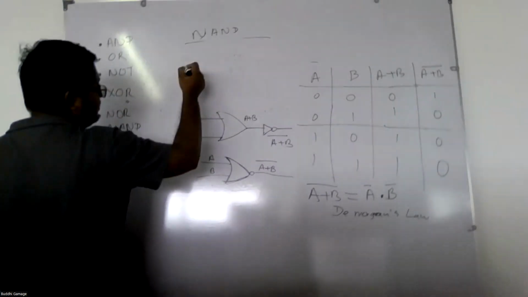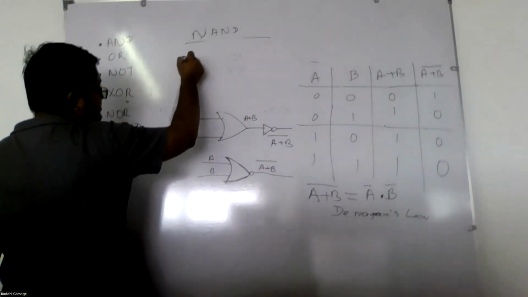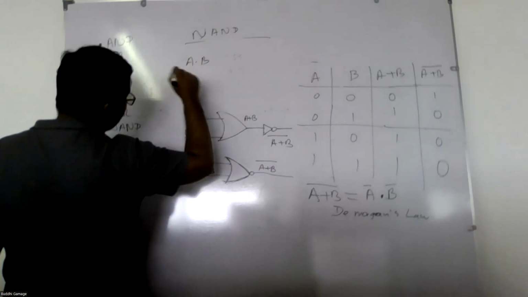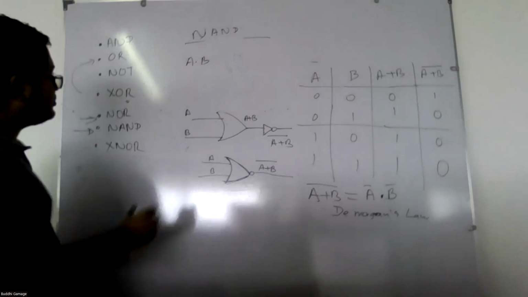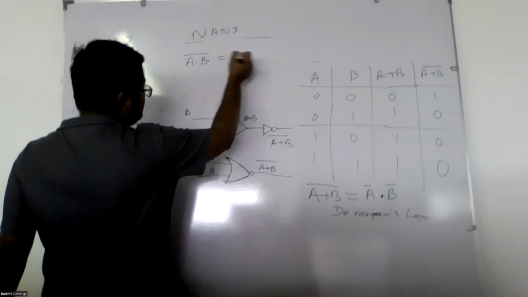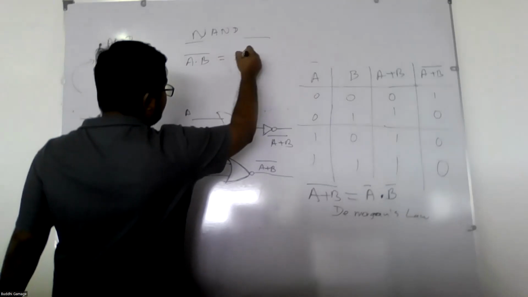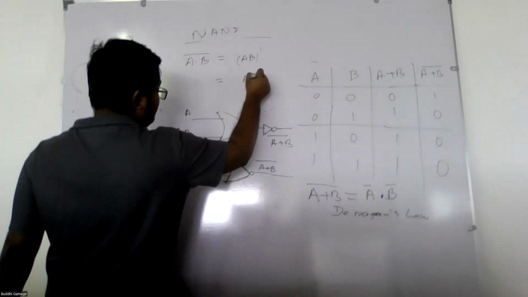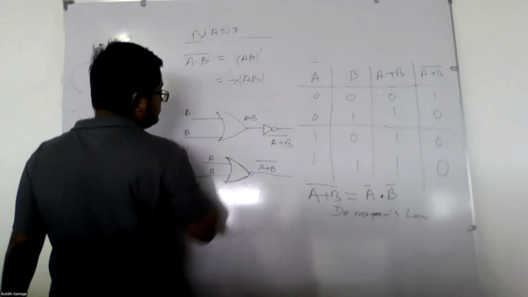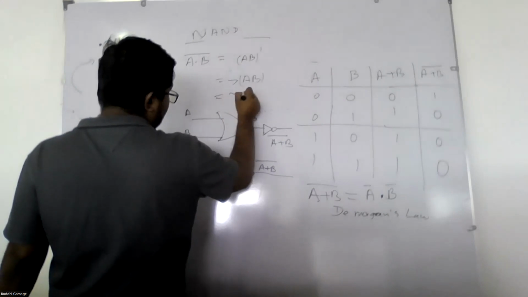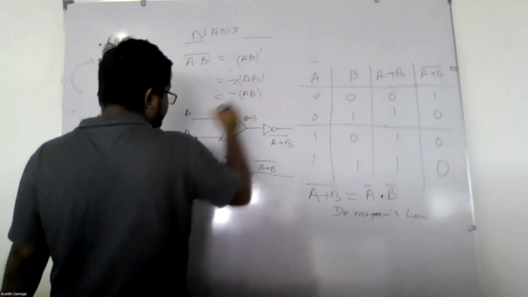Now, what is AND? A dot B, and we are negating the whole thing. That is this, right? Or simply (AB) whole thing not, that is NAND.